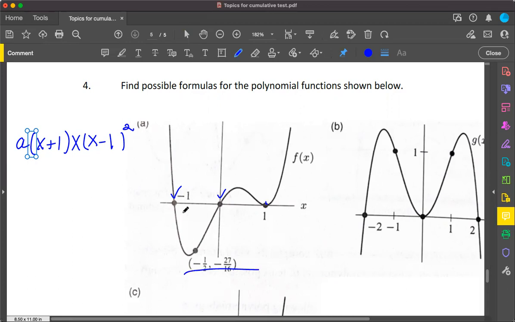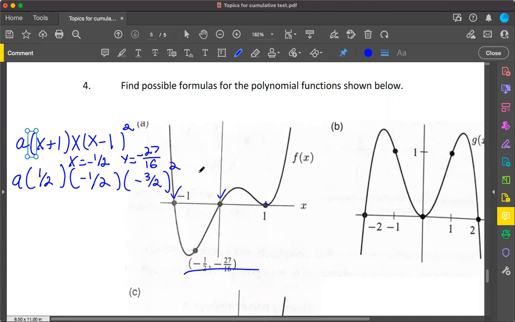You have this point to solve for A, and if you put in the work and plug in where x is -1/2 and y is -27/16, you're roughly going to get -1/2 plus 1, which is just 1/2, times x, but now it's -1/2, times -1/2 minus 1, so -3/2.